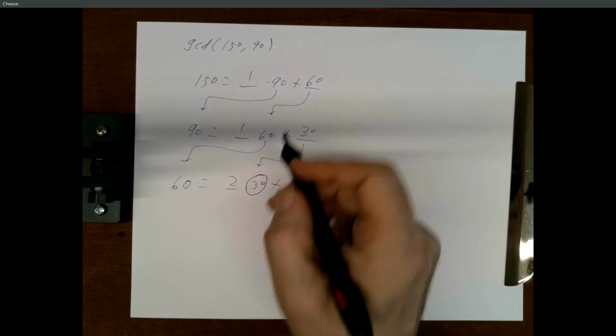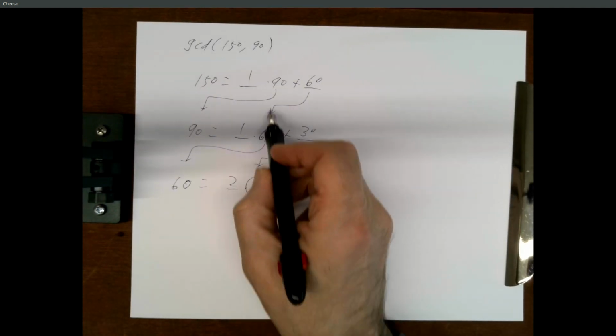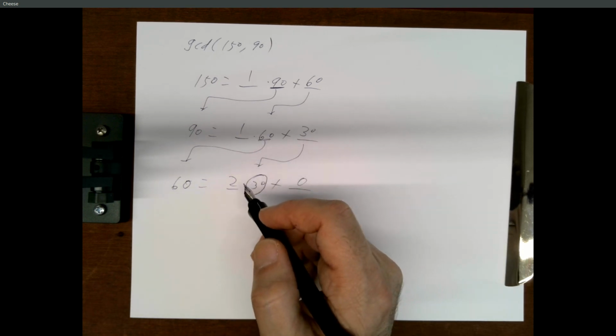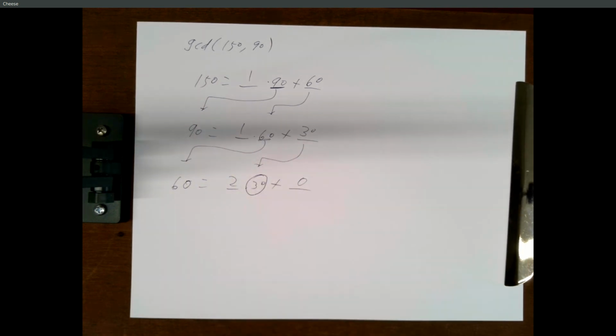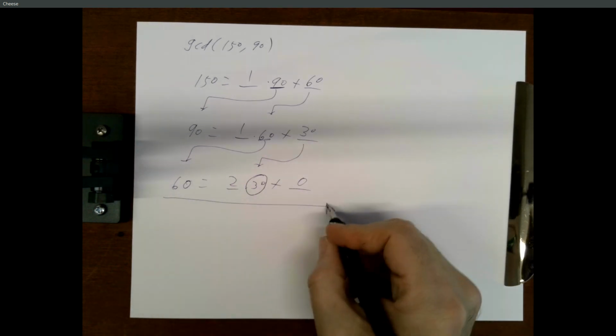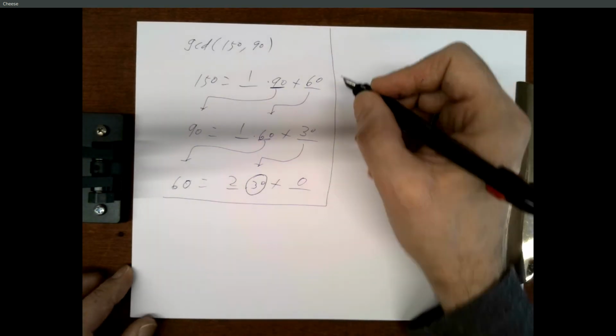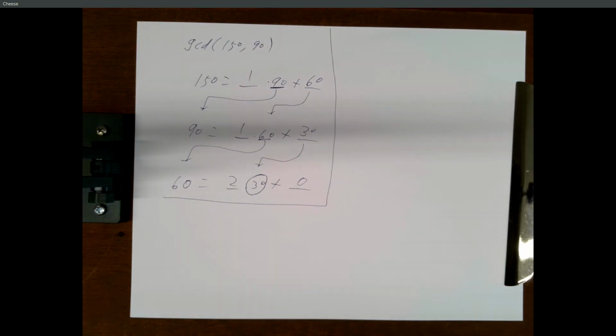So you're basically taking the remainder and trying to write the smaller number as a product of the remainder plus something else. If you switch the order of these, it still works, by the way.